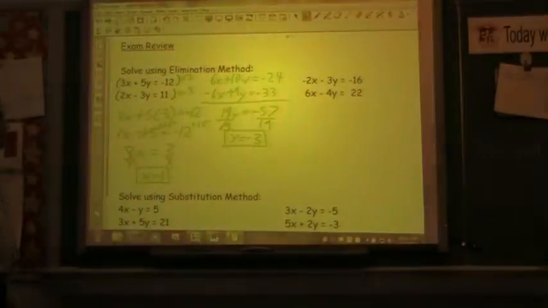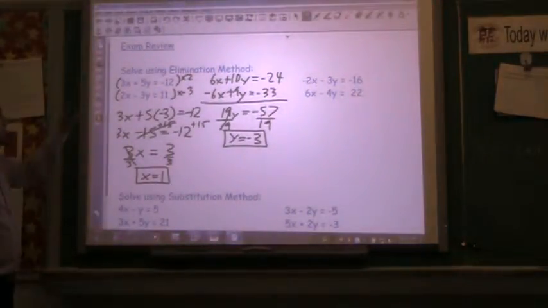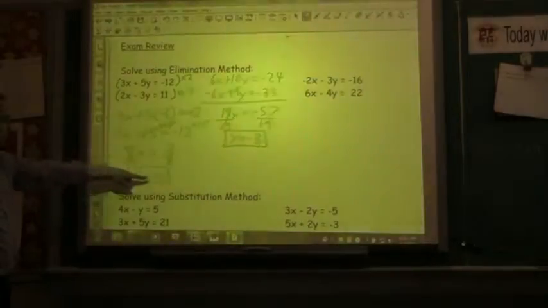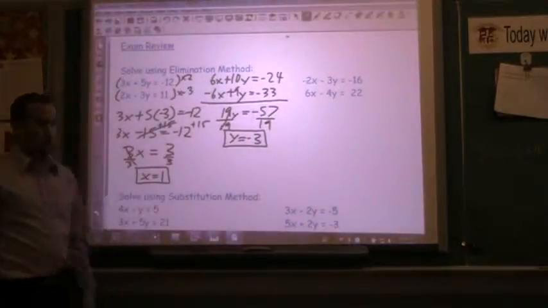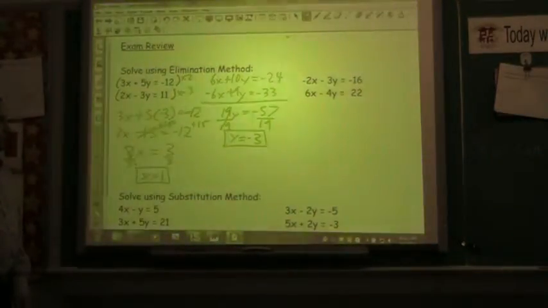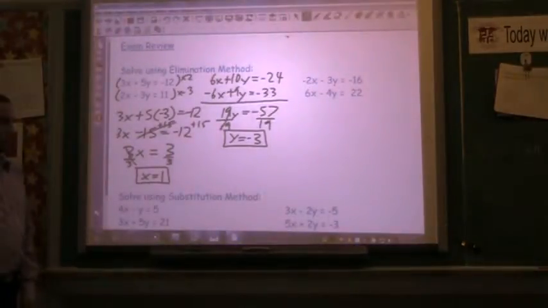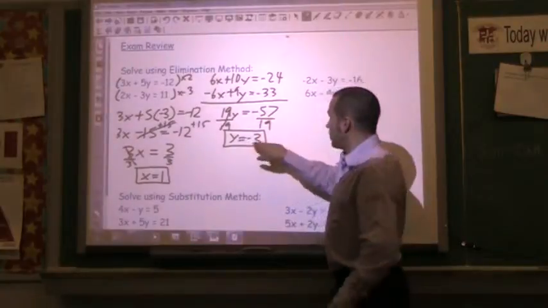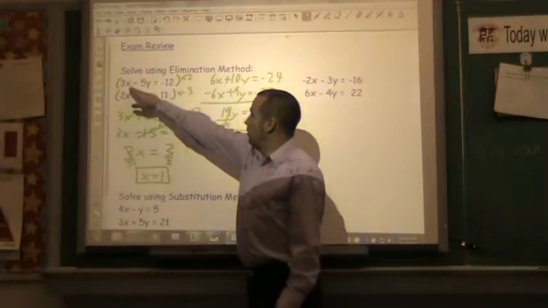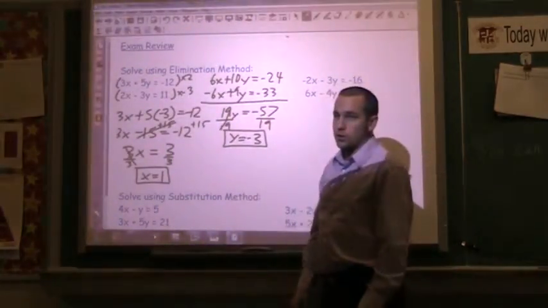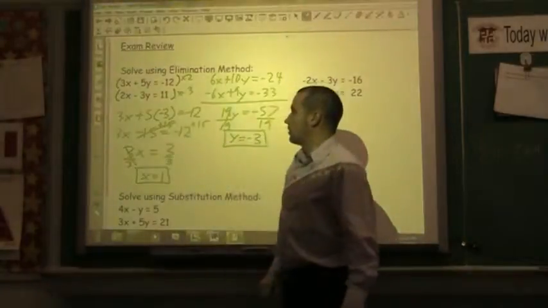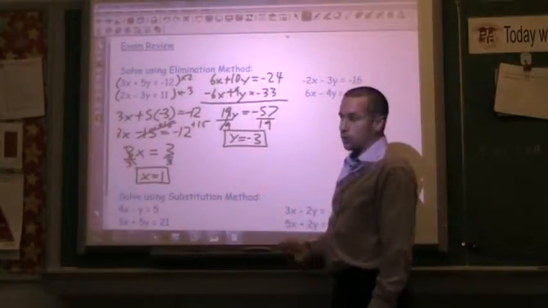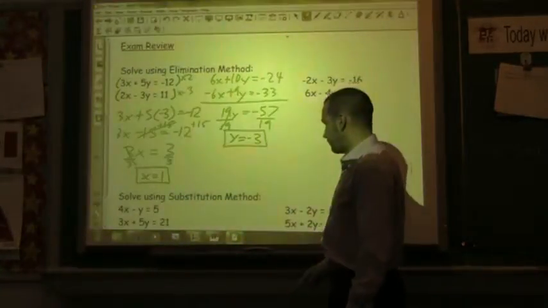So now I know that the point where these two lines meet is at 1, negative 3. And remember, if you want to check whether your answer is right, you can just take both values for x and y, plug them in for both in the equation, and you should get the answer on the end. You should get negative 12 equals negative 12, and you've done it right.